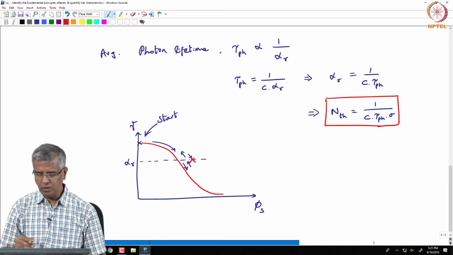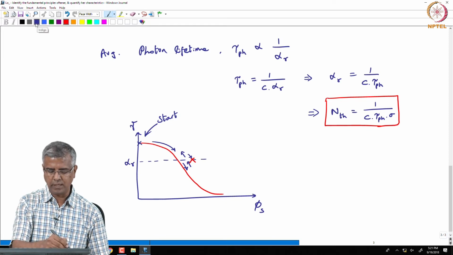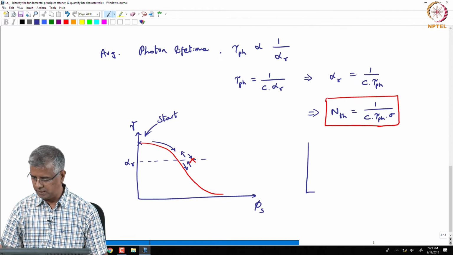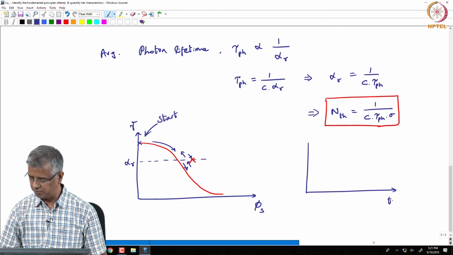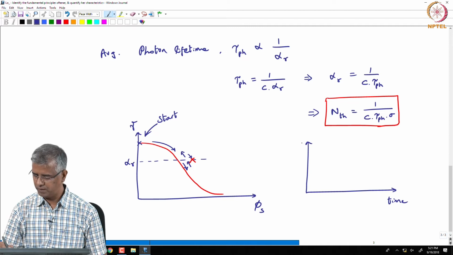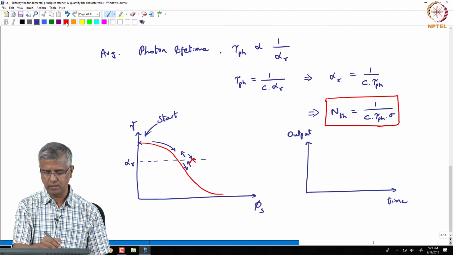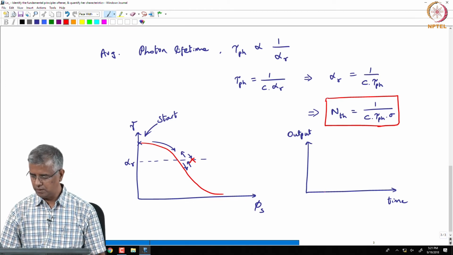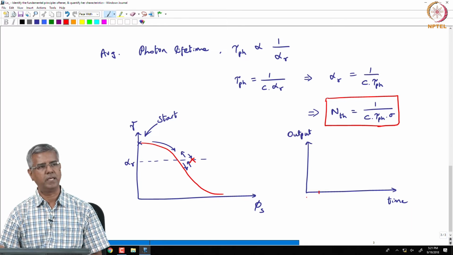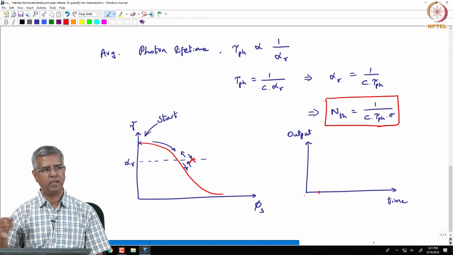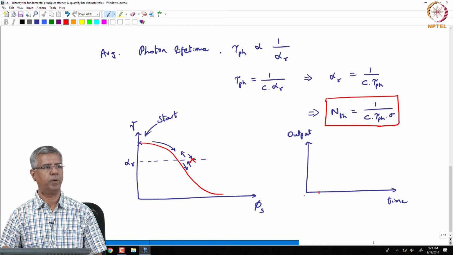So you can understand this a little easier if we look at it as a function of time, and we are looking at, let's say, the output power of the laser. So this is the time at which I decided to flip the switch and turn on the pump.